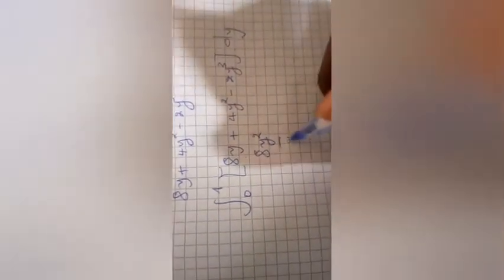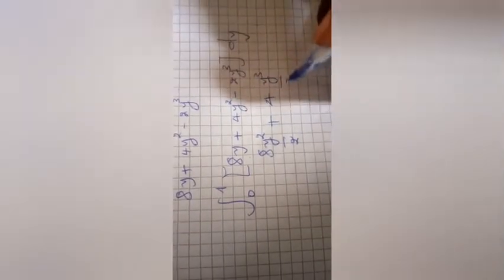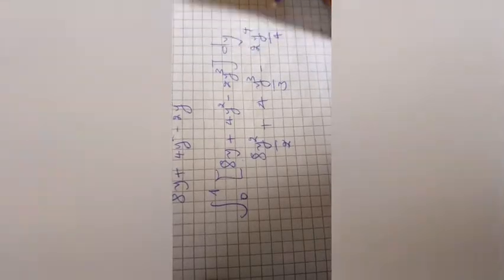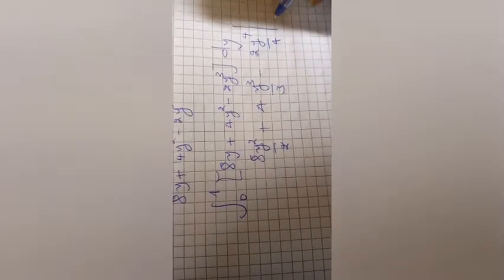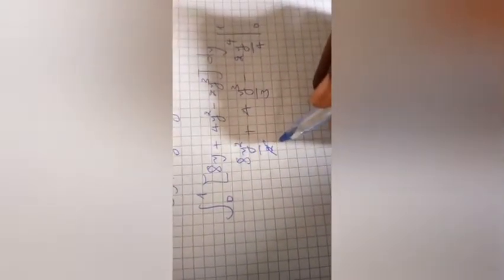This will be equal to 8y squared over 2 plus 4y power 3 over 3 minus 2y power 4 over 4, from 0 to 1. And this will be equal to, replace 1 by 2, will be equal to 4.